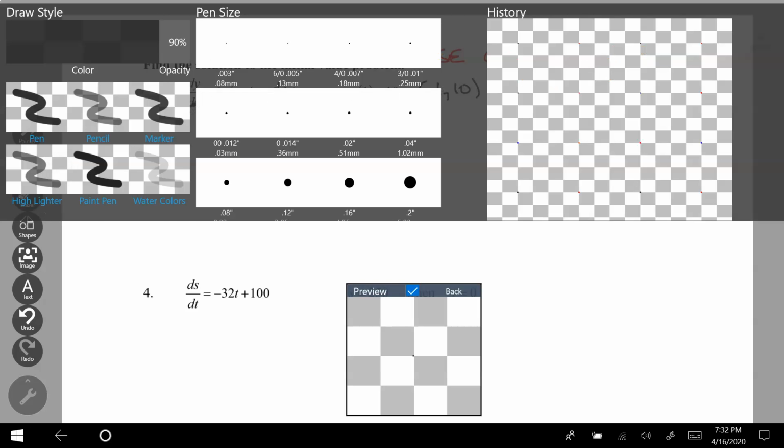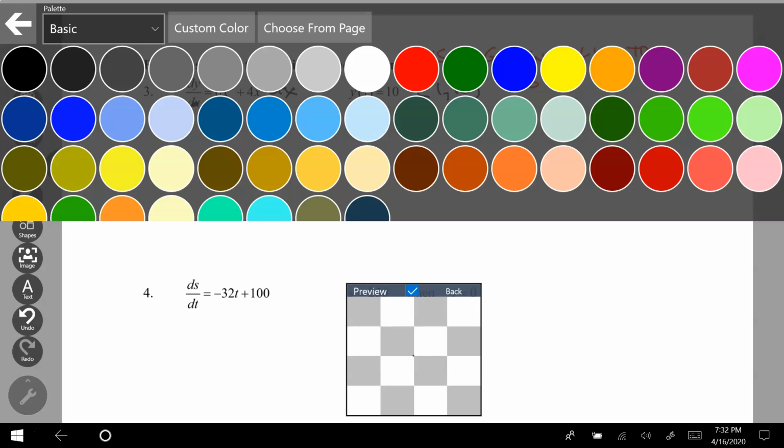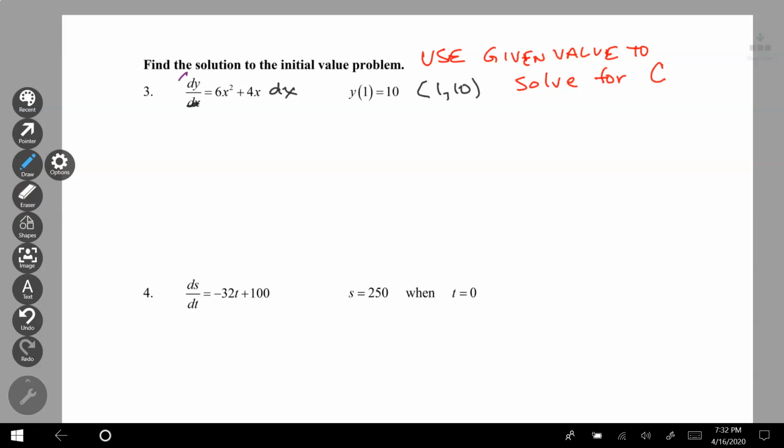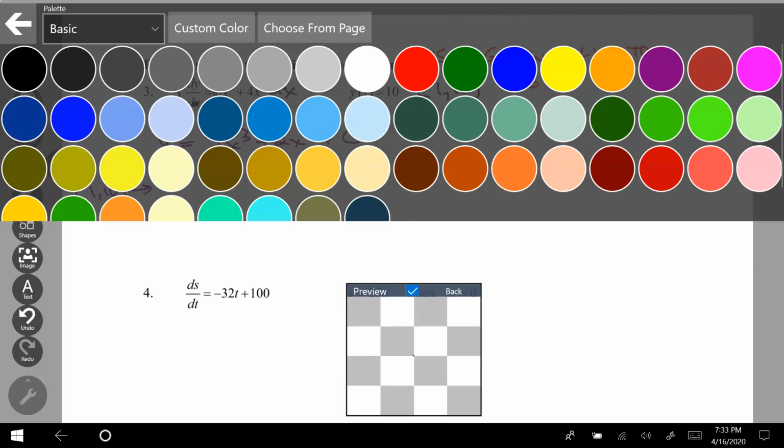I'm going to take its antiderivative, and I get y equals, well, 3, excuse me, that's bad, 2x to the 3rd plus 2x squared plus c. And now I could plug in 1 and 10 for the x and the y.